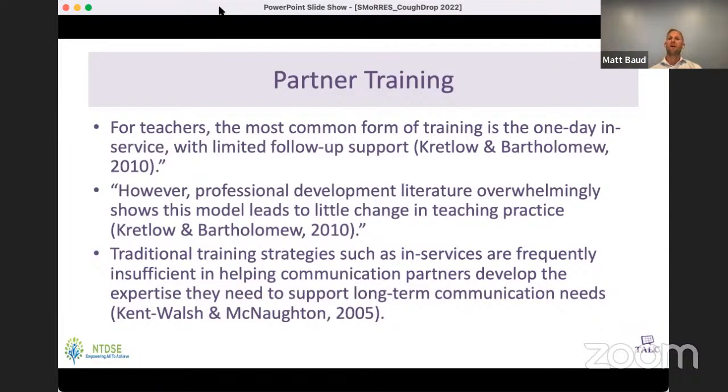But those in-services are frequently insufficient in helping our teachers, our paraprofessionals, our related staff really develop the expertise they need to actually support our students that use AAC.